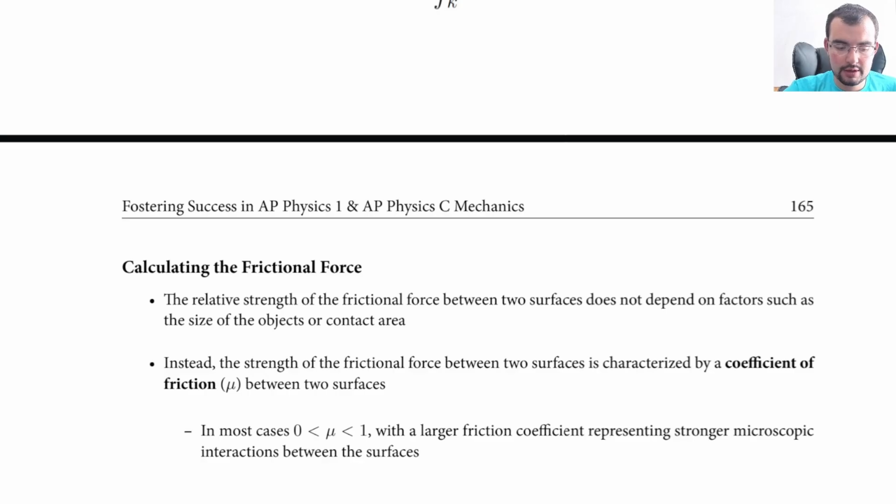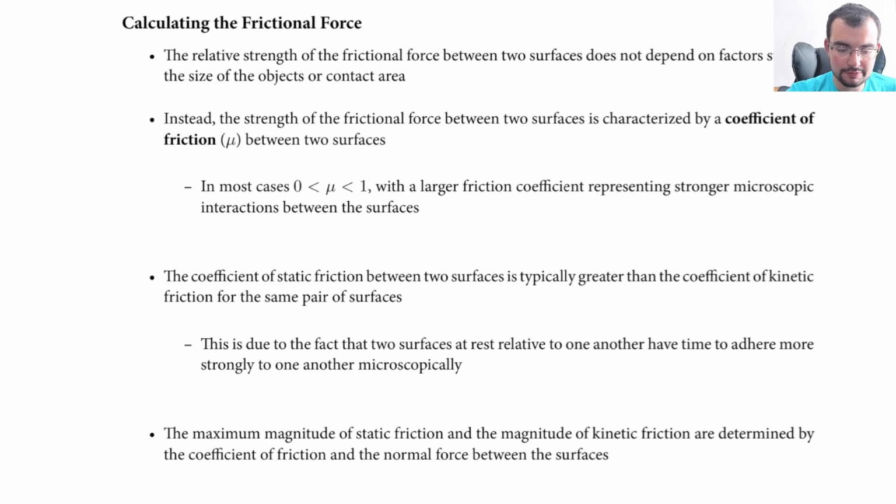The relative strength of the friction force between two surfaces actually doesn't depend on things like size or contact area fundamentally. There's a coefficient of friction, mu, which characterizes the strength of the frictional interaction. Friction comes microscopically from imperfections between surfaces.